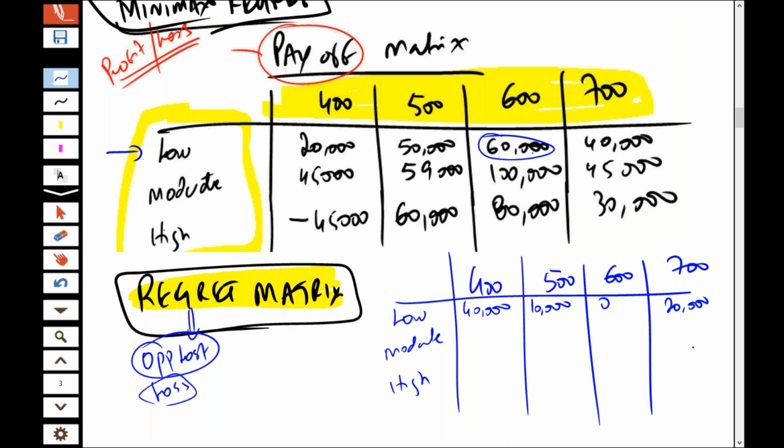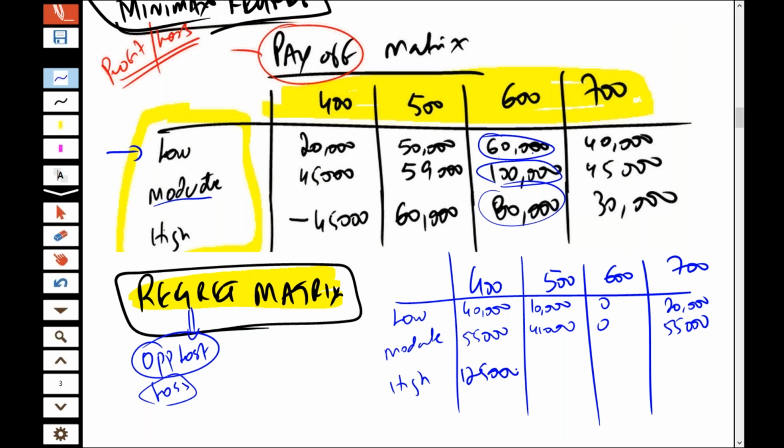Now what next is there? If I talk about the moderate, I know that this is the maximum that could be earned. So it's 100,000 minus 45,000 gives you 55,000. Then here you have got 80,000. So when you say 80,000 minus 45,000, minus 45,000 is minus plus.